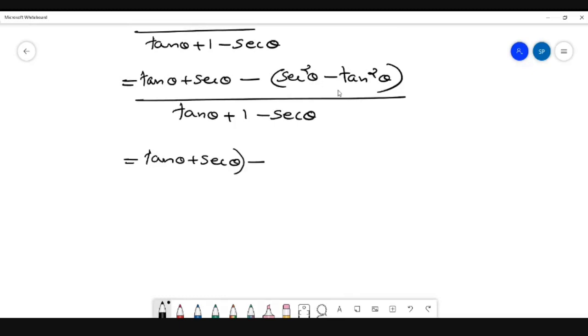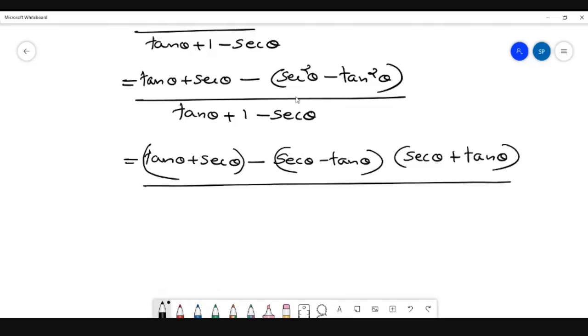This is the first expression, minus, this is in the form a square minus b square. A square minus b square is a minus b into a plus b, whole divided by tan theta plus 1 minus sec theta.